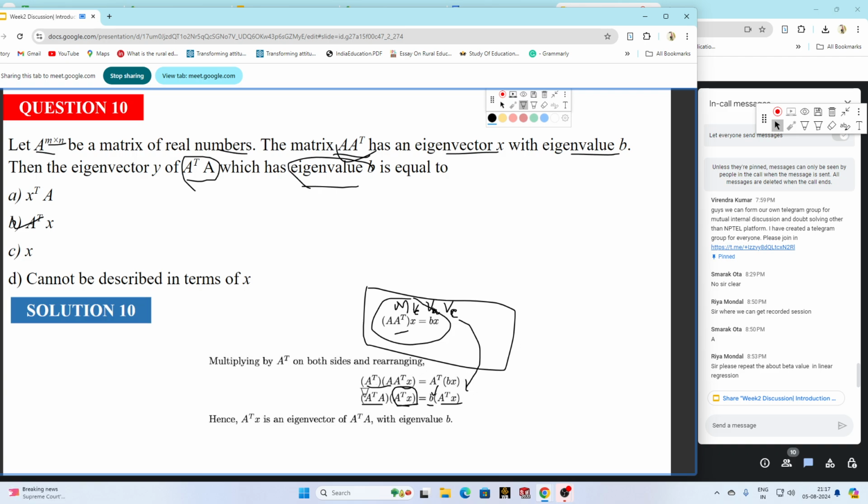Now if we simplify it, we can write A transpose A into A transpose x equals b into A transpose x. Now this is of the form: we can consider this as a matrix, and this as an eigenvector, equal to eigenvalue into eigenvector. We have been asked to find the eigenvector of A transpose A, so it will be equal to A transpose x. So option B is your correct answer.